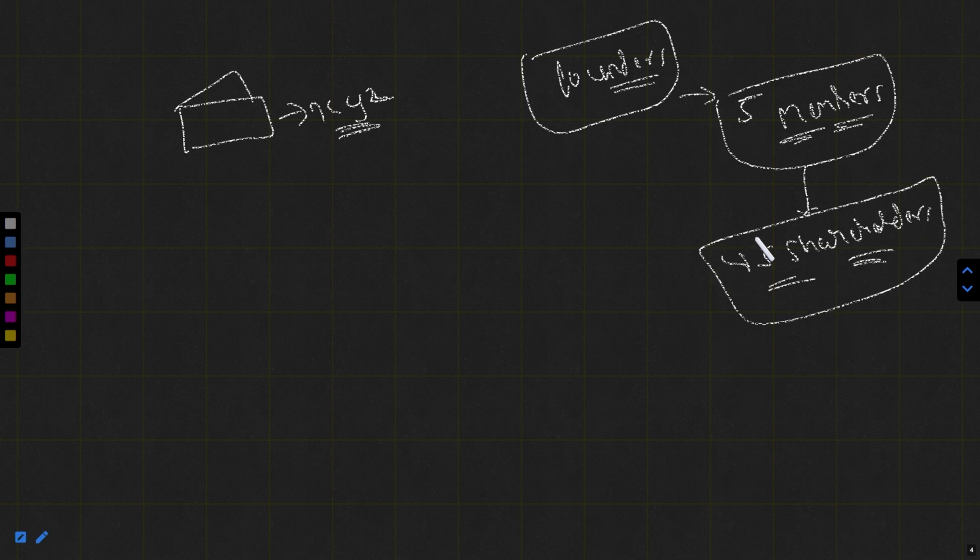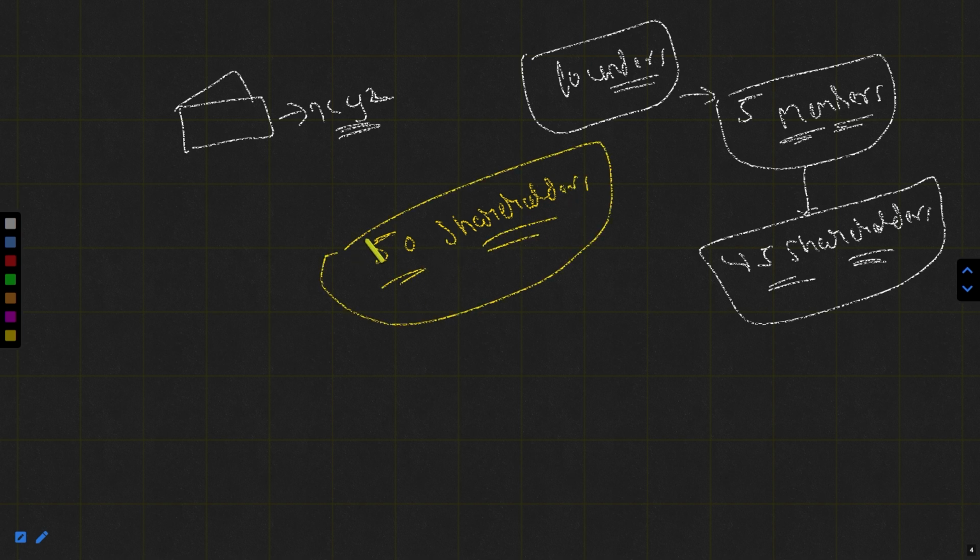Then this is a case of a company having 50 shareholders, including the 5 founders. In such a case, no one outside these 50 shareholders is allowed to put money into the functioning of XYZ.